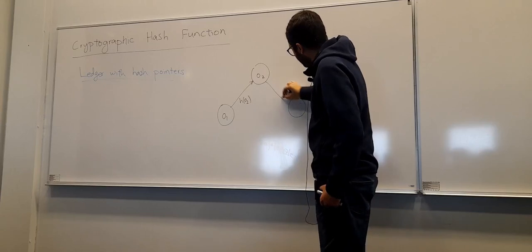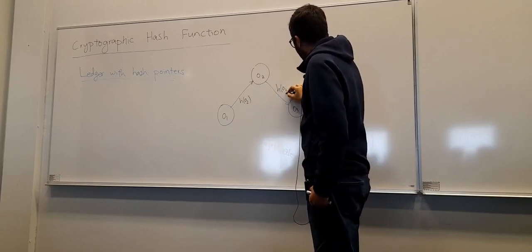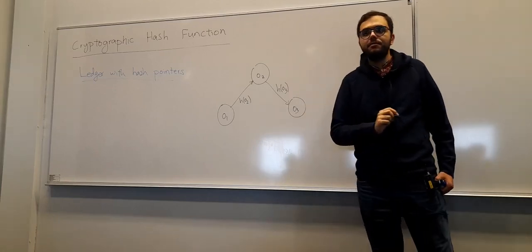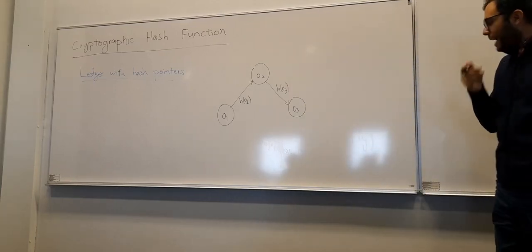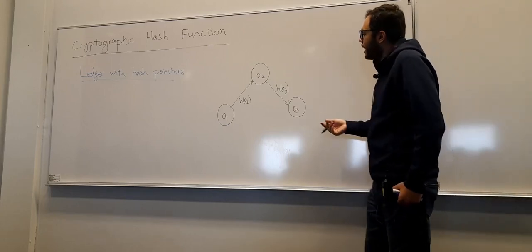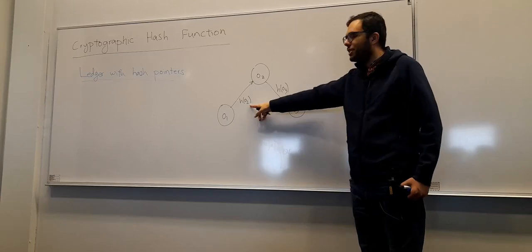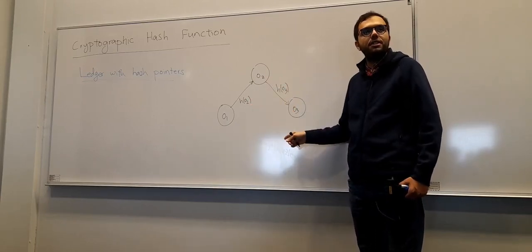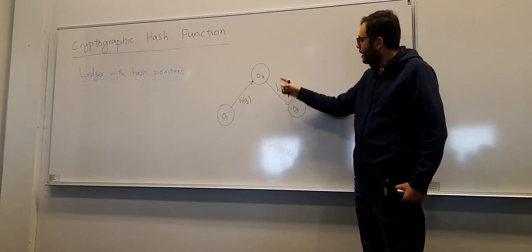And if O2 has maybe another pointer to O3, this one will just have the hash. Okay? And if I actually want to find them, then I can again have maybe a mapping or a binary search tree that maps the hashes to the actual locations of these items. So if I just have the hash, I can think of it as being a pointer.